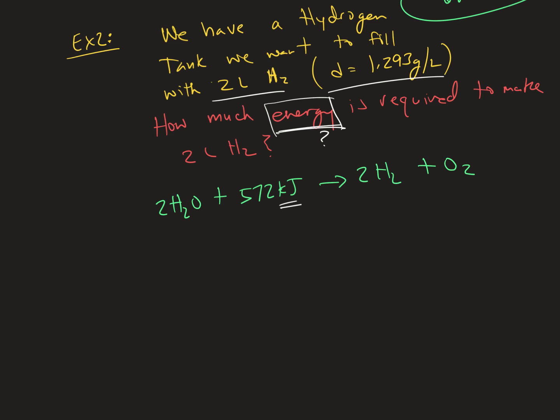You either start with 2 liters or our density. Those are our 2 known values. Don't start with what you don't know. Start with what you know. And what's easier to start with, 2 liters or density, 1.293 grams per liter? Liters. This is just a conversion, right?